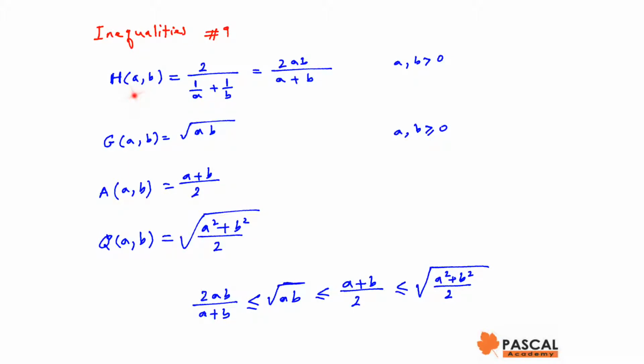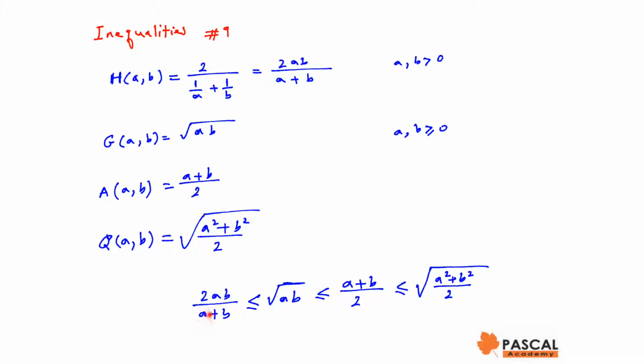By definition, if A and B are two positive real numbers, harmonic mean of A and B is 2 over 1 over A plus 1 over B, which can be simplified as 2AB over A plus B. Geometric mean of A and B is square root of AB. Arithmetic mean of A and B is A plus B divided by 2, and quadratic mean of A and B is square root of A squared plus B squared divided by 2 when A and B are non-negative numbers.